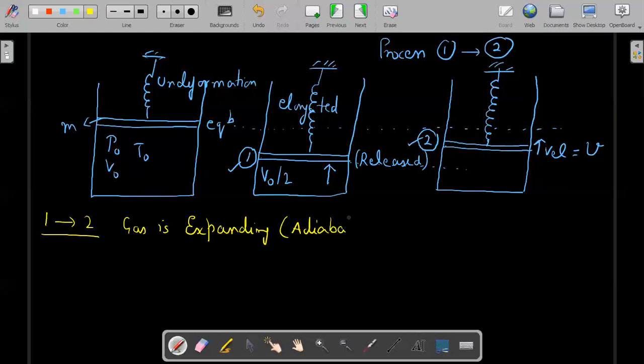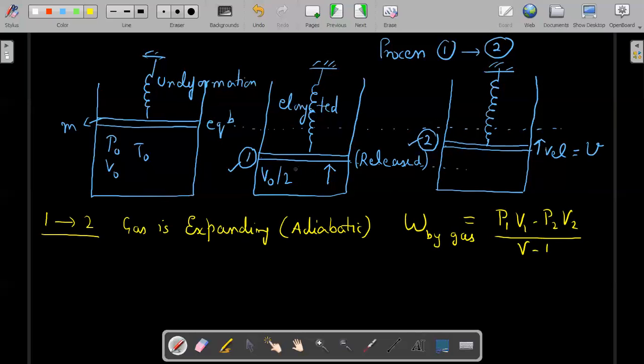The gas is under adiabatic expansion. So there is work done by this gas, and the work done by gas can be obtained by the formula, or you can derive it, but the formula is P1 V1 minus P2 V2 over gamma minus 1.